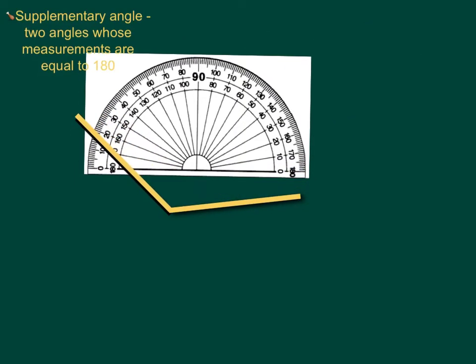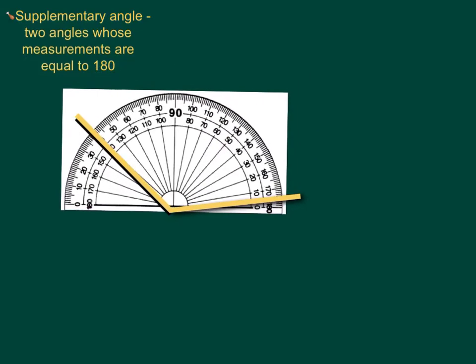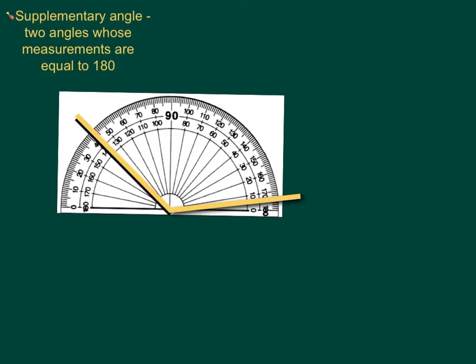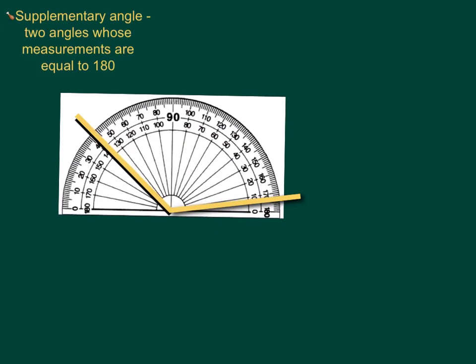I'm going to take my protractor and make sure the vertex of my angle, which is this point right here, is lined up with this intersection of my protractor. So I'm going to put it there. And now that it's there, I need to rotate it so that this line here is going to be my baseline.